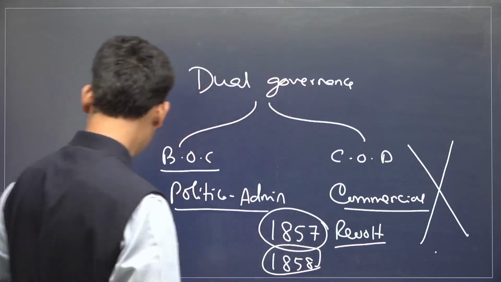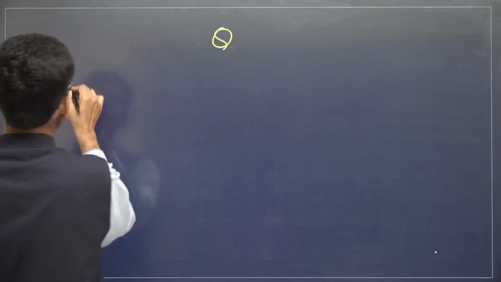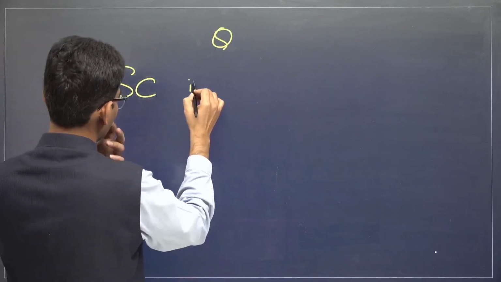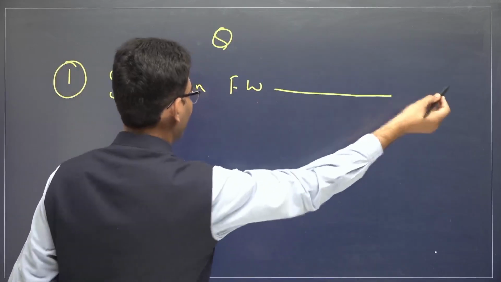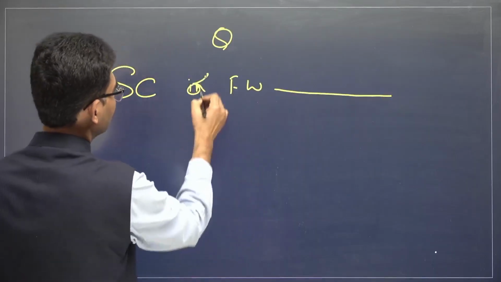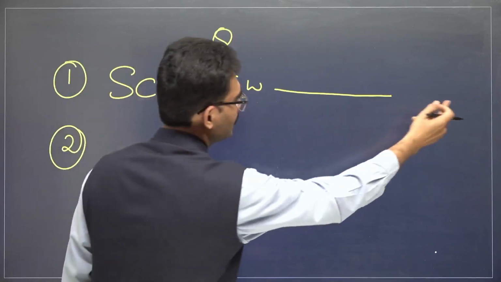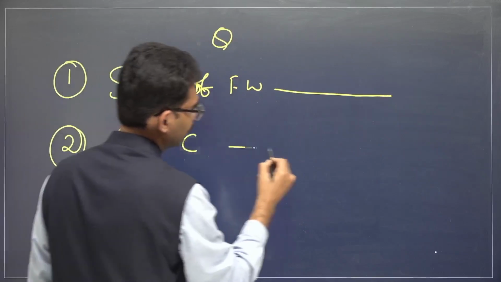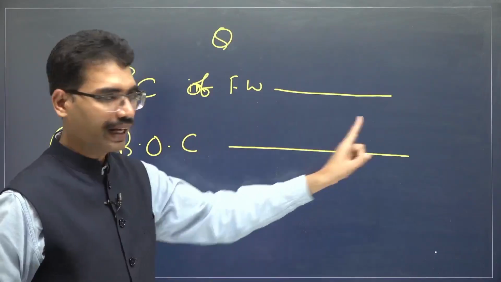I will give you the questions, answer them. Number 1. The Supreme Court in Fort William was established with which act? Next, the Board of Control was established by which act?